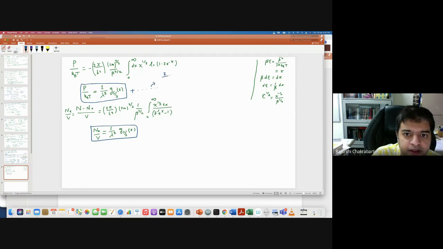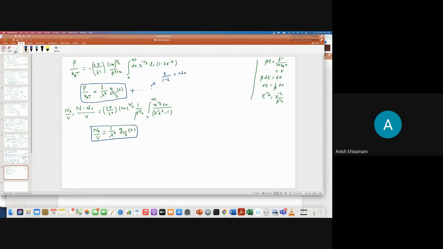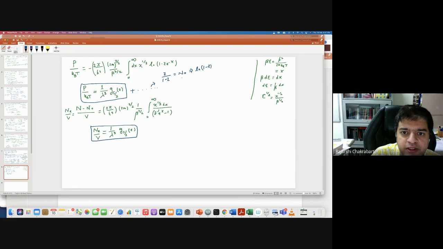This is z over 1 minus z, isn't it? And this is equal to n0. You remember, sir, in the Bose gas it was like log of 1 minus z, right? I'm saying log 1 minus z. So your z is n0 by n0 plus 1, isn't it? Yes. Is this clear? Yes.